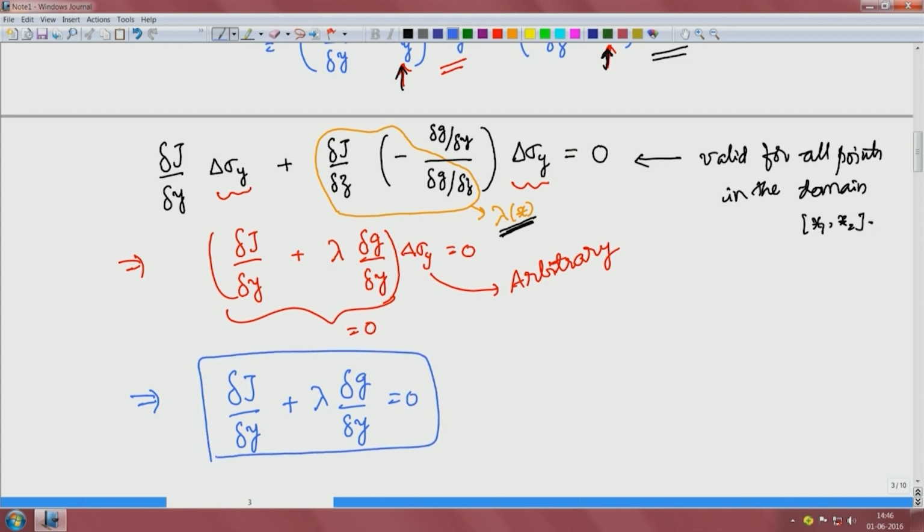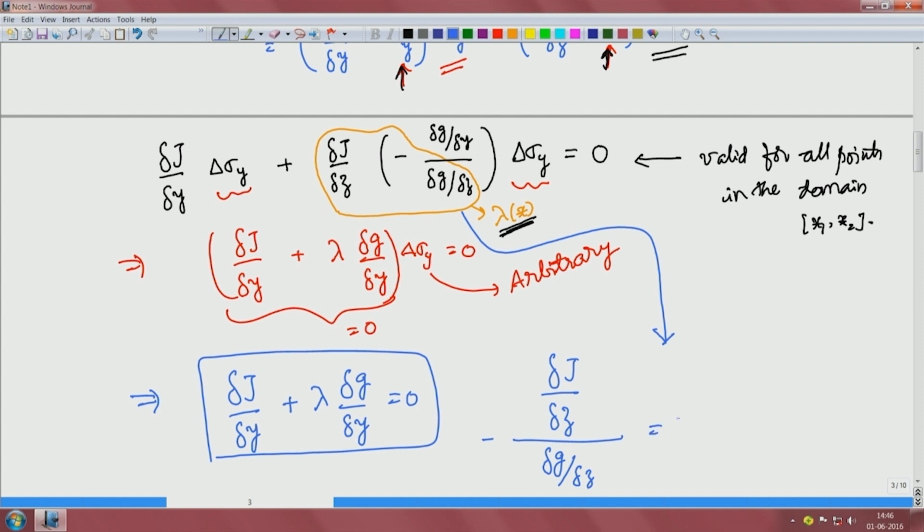Now, if we look at this one, which is in this orange thing here, what does that say? That says delta j delta z, variation of j with respect to z, divided by, with the minus sign, the variational derivative of g with respect to z.